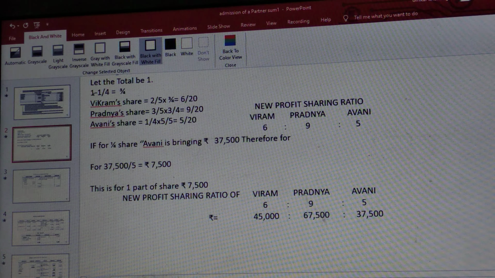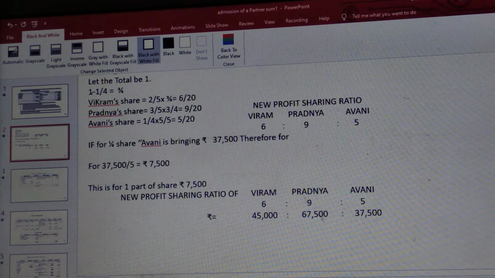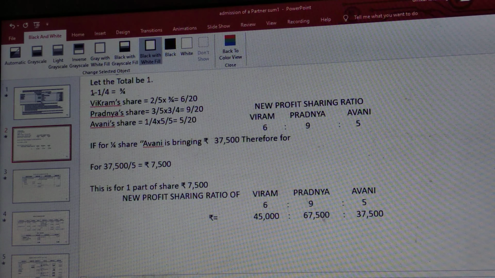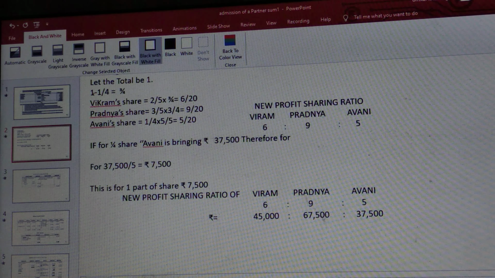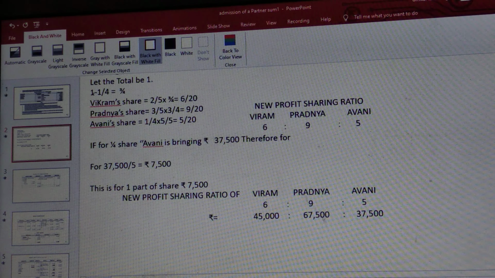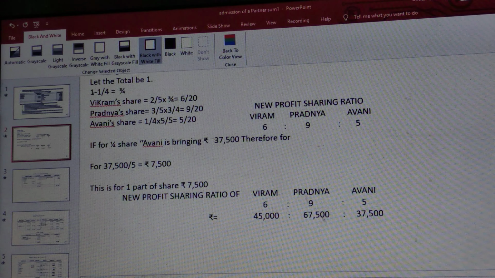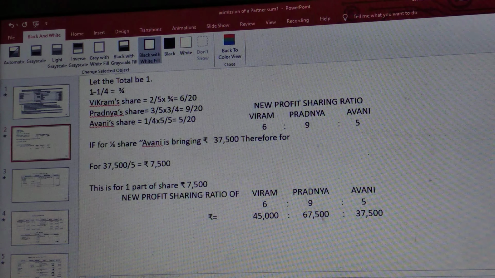So the new profit sharing ratio of Vikram, Pradnya and Avni is 6:9:5. Okay, for the 1/4 share, the current share of Avni is how much? 5. So we will divide this 5 by the capital that he is contributing.